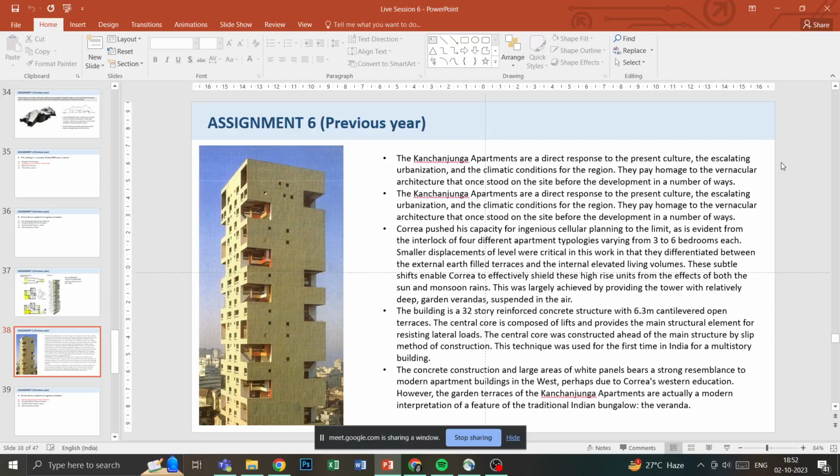Usually these terraces were 2 storied, and they were created very deeply, and they were inspired from the verandas, and they were deep terraces which protected the interior spaces of the apartments from monsoon and from harsh sun. The building is a 32-story reinforced concrete structure with 6.3-meter cantilevered open terraces.